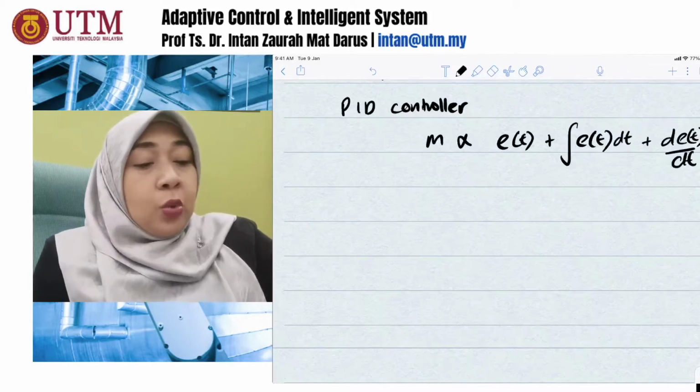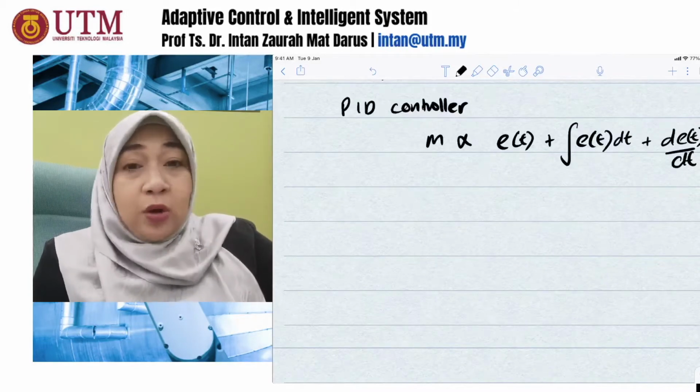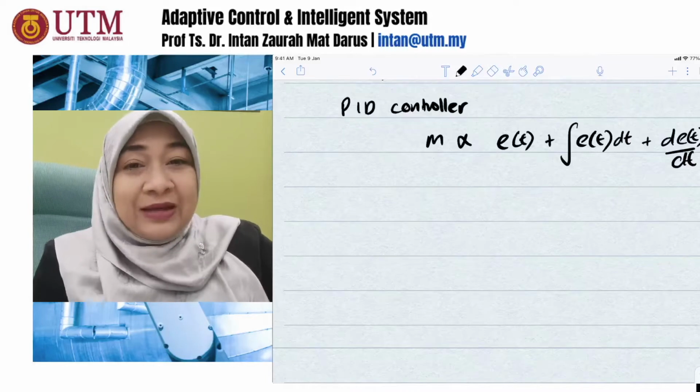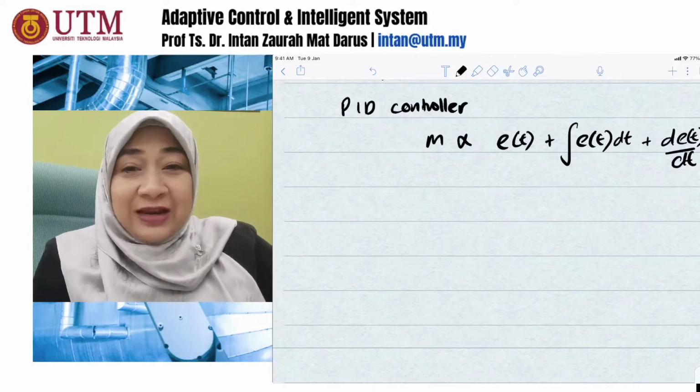When it is proportional to all these three, you can repeat the same procedure we have done in the beginning.